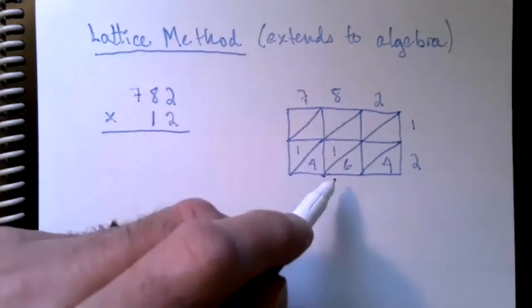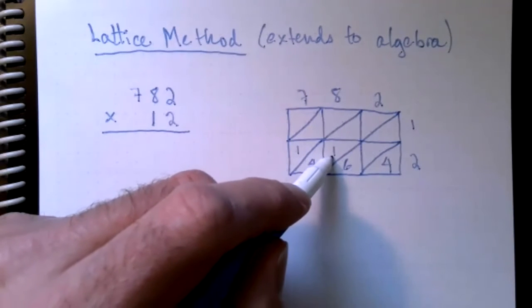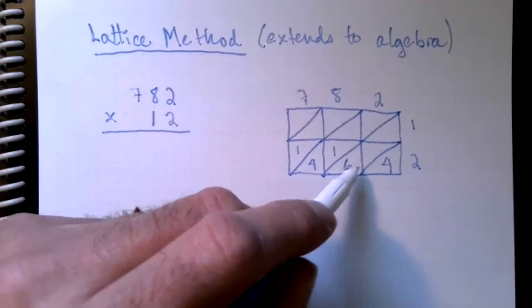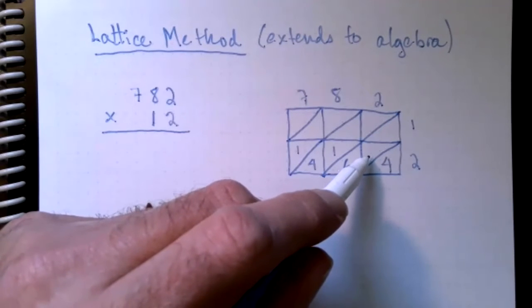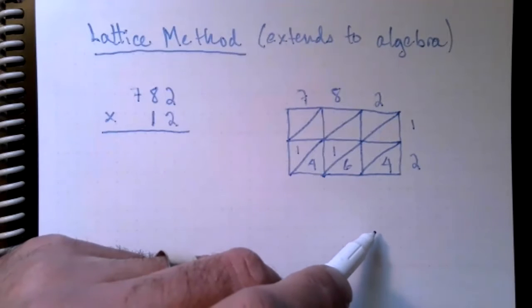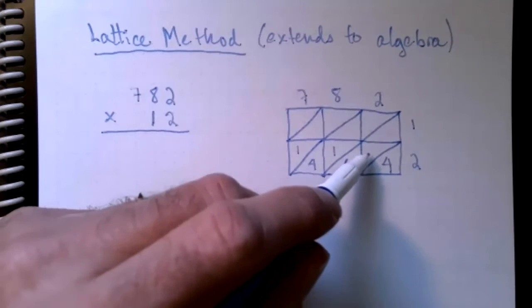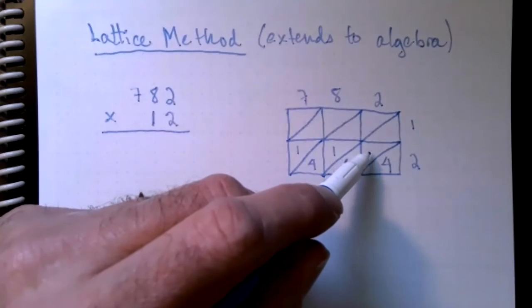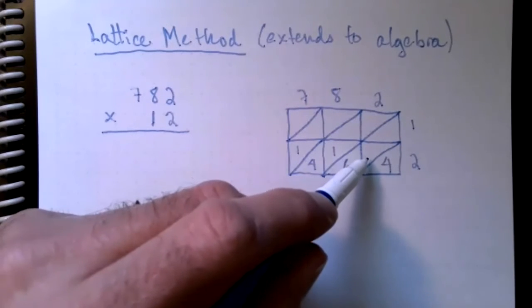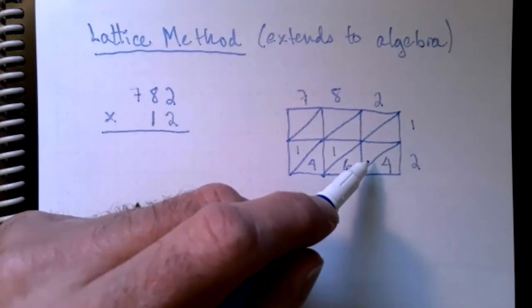Right, 8 times 2 is 16. So I put the tens place up here, and the ones place is down here. How come I didn't put anything up here? Because it's a 0. Right. You could put a 0 there if you wanted to. So if you always wanted to put something in the tens place, you could put a 0 there. But since 2 times 4 doesn't have anything in the tens place, I tend to just leave it blank.